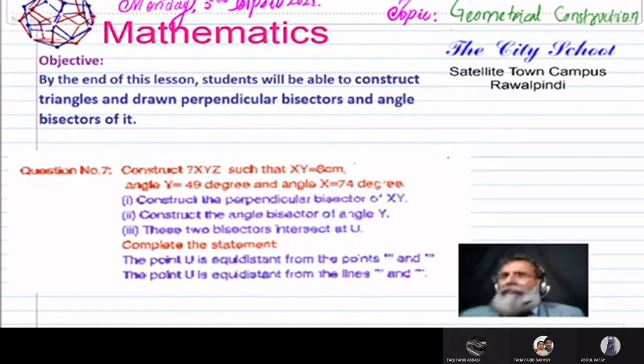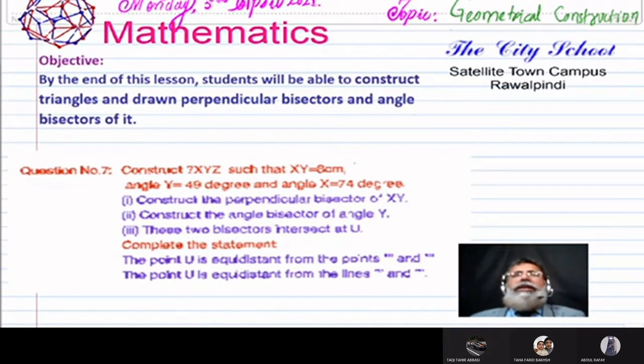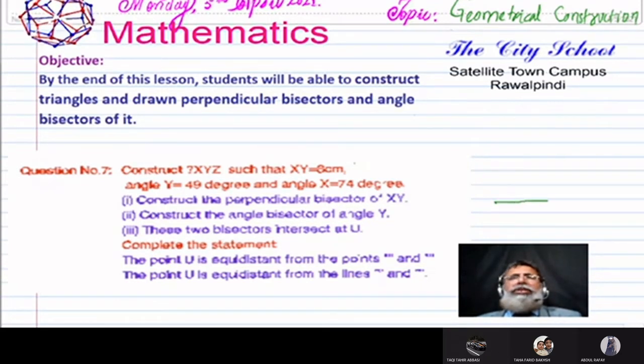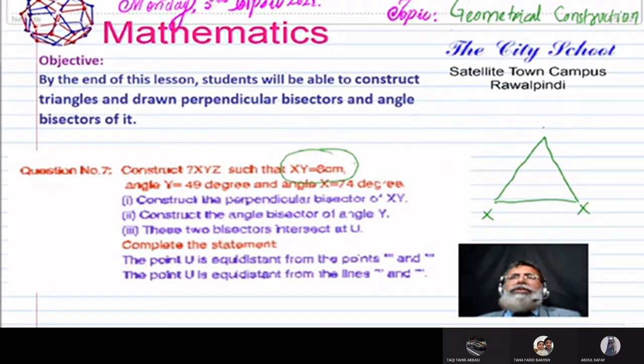Now roughly I'm drawing a triangle. That triangle is asking about X, Y, Z. So first of all I'm drawing triangle XYZ here. I'm drawing XY because it's given XY first. The line comes first, so we'll be drawing XY, and then there must be a point Z. Absolutely.